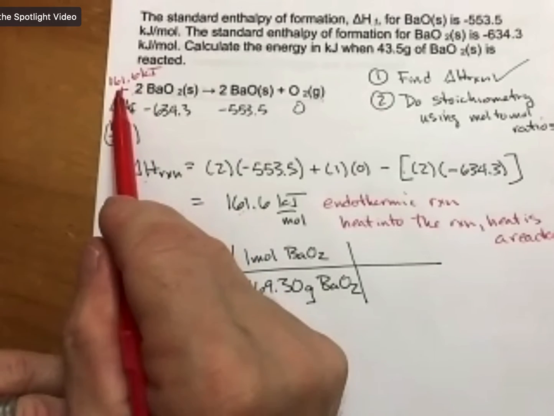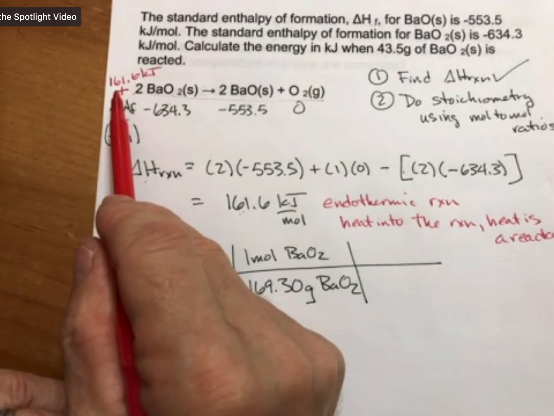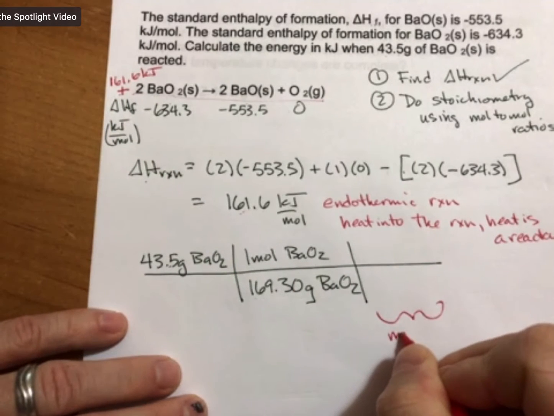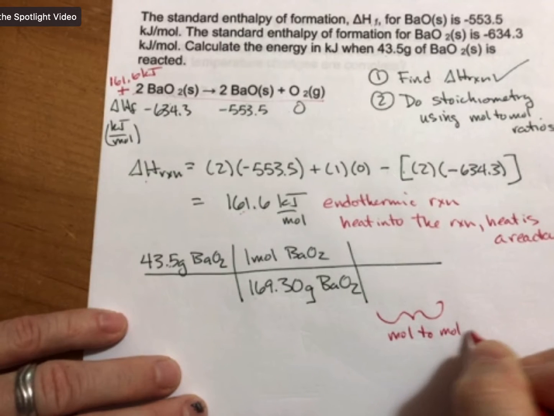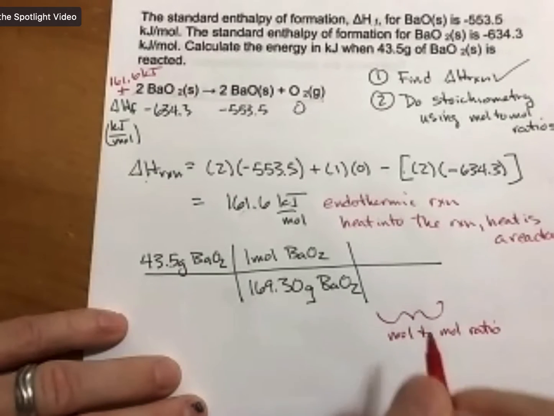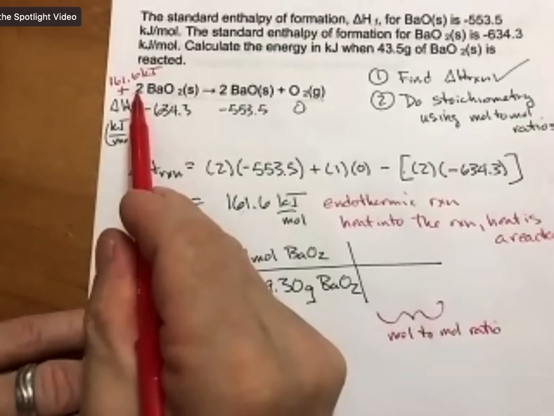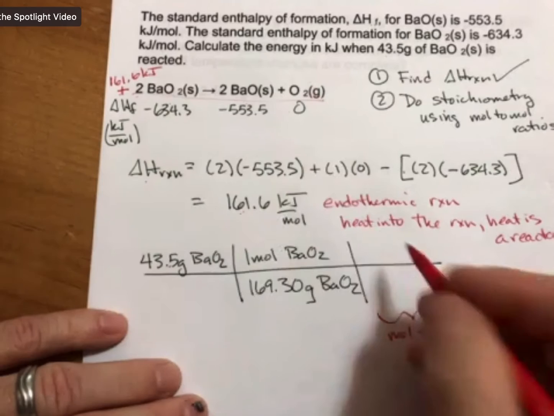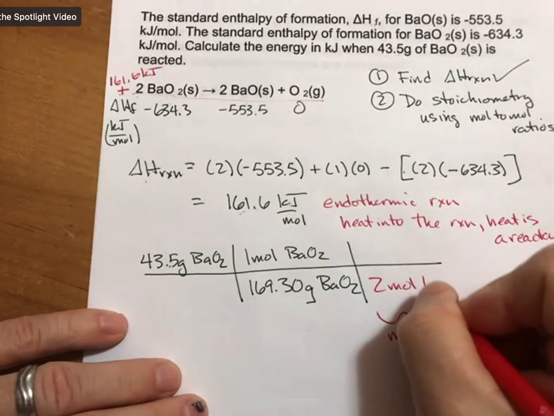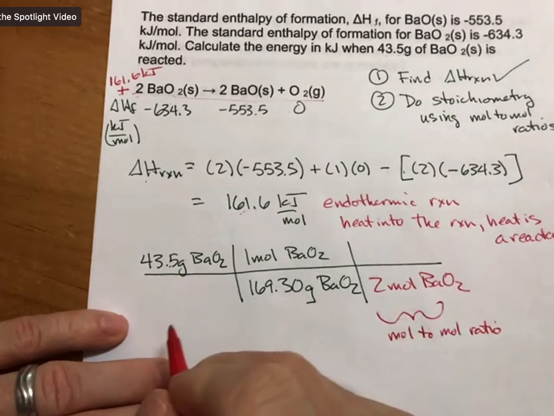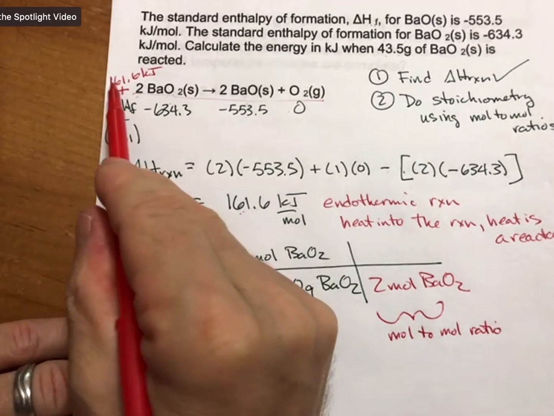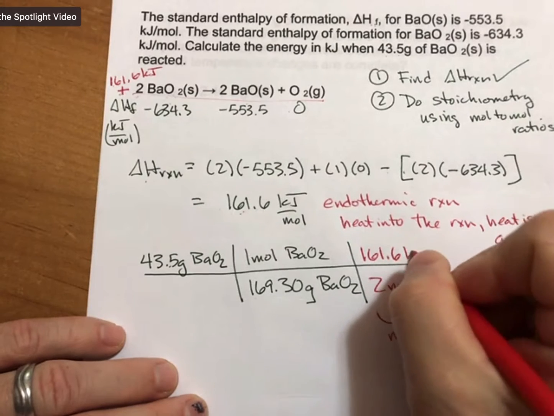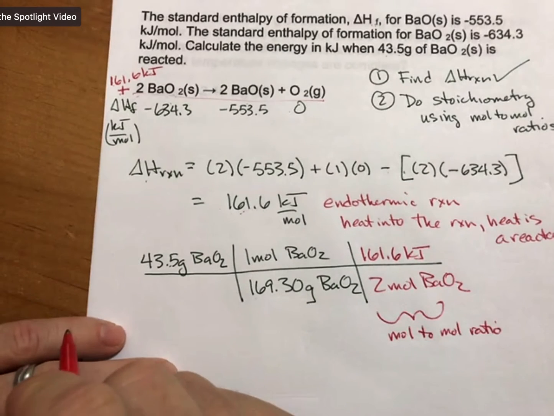The reason I do that is because in my mole to mole ratio, I am now going to use this coefficient for 2 moles barium peroxide with the 161.6 kilojoules.